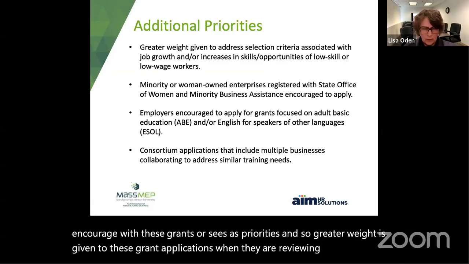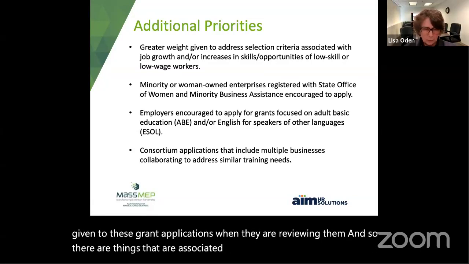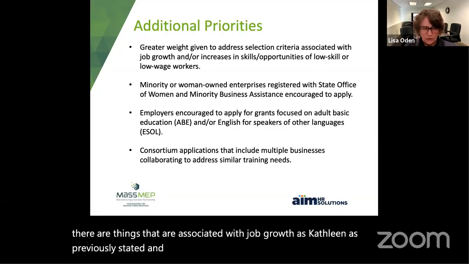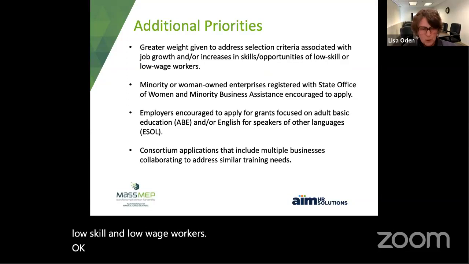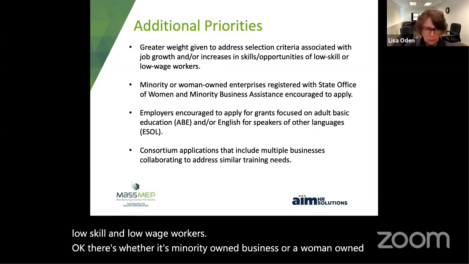And so they're things that are associated with job growth, as Kathleen has previously stated, and or the increase in skills and opportunities, particularly of low skill and low wage workers. Whether it's a minority owned business or a woman owned business, those kinds of things are given extra priority.